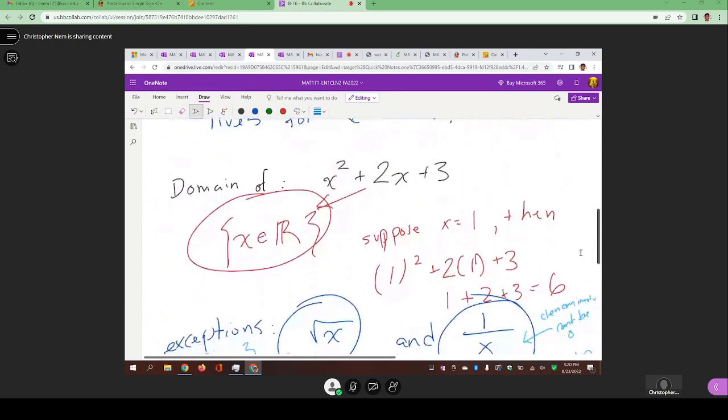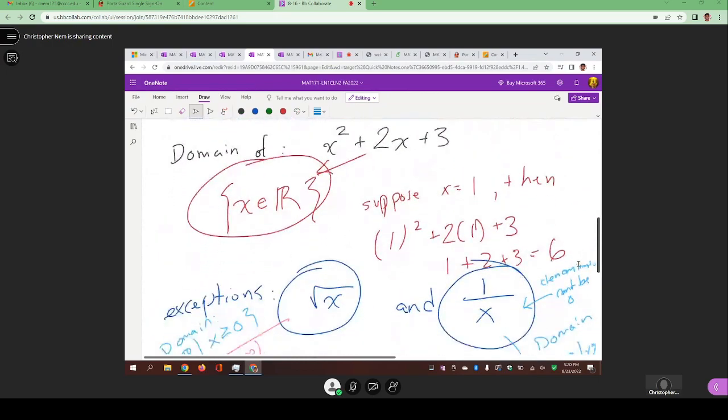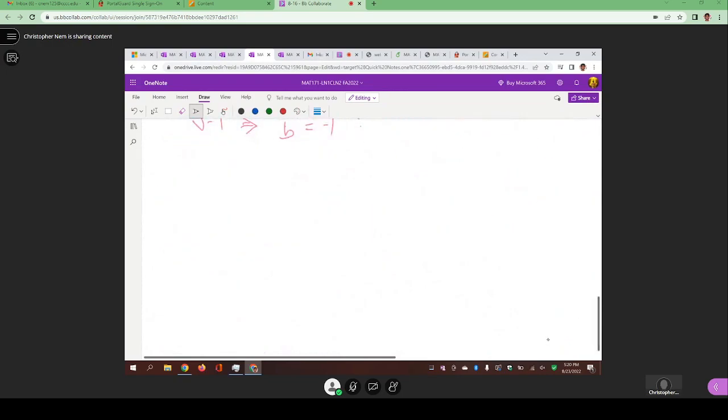So now we've got to move into more complicated domains. Now we want to see, what is the domain of x over x squared minus 5x plus 6?